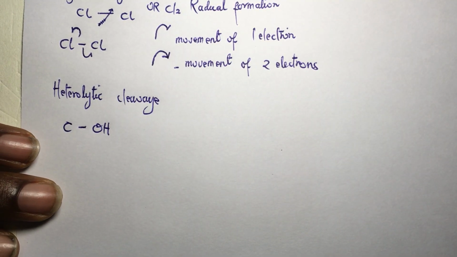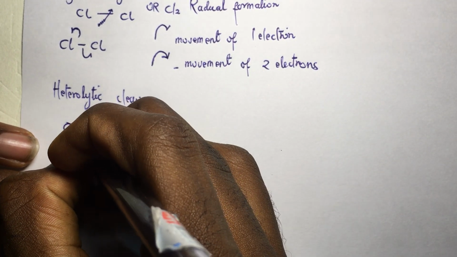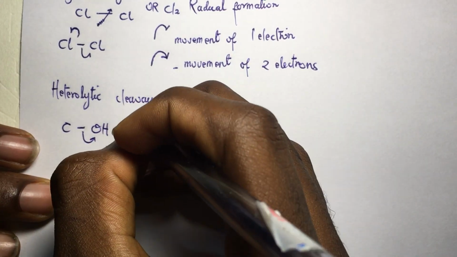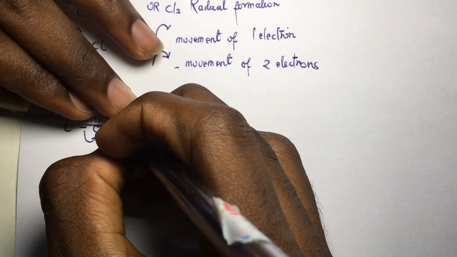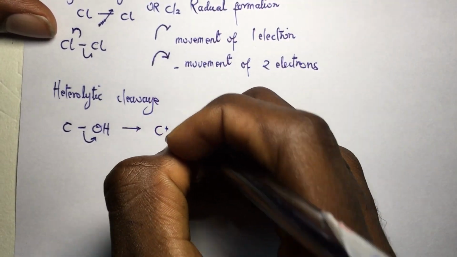So you don't expect the electrons to be shared equally, but all the electrons will move on to oxygen. And now it's going to generate a carbon with a positive charge, and that's what they refer to as a carbocation.